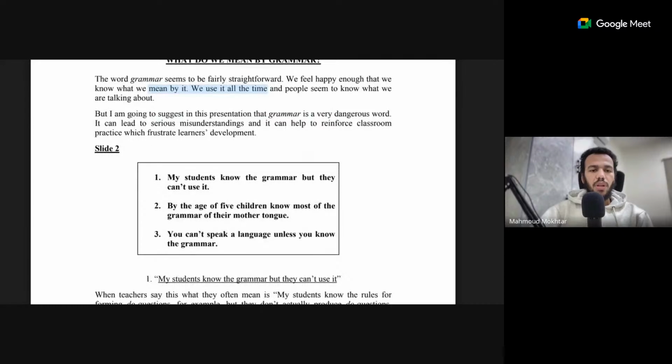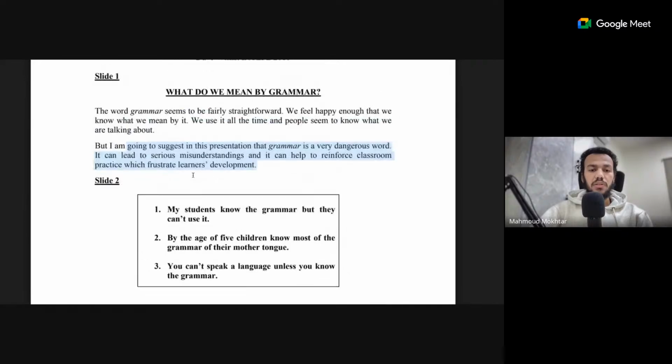Okay. But I'm going to suggest in this presentation that grammar is a very dangerous word. It can lead to serious misunderstandings, and it can help to reinforce classroom practice which frustrates learners' development.